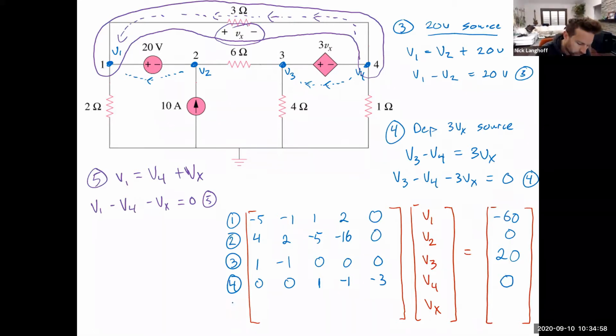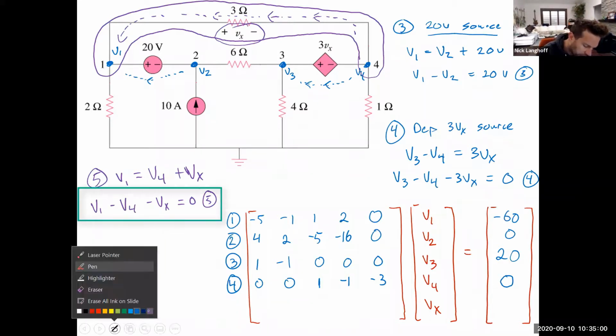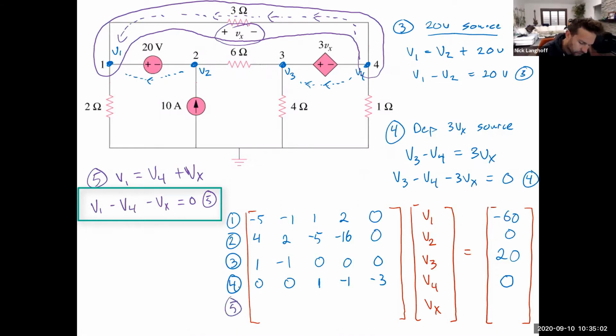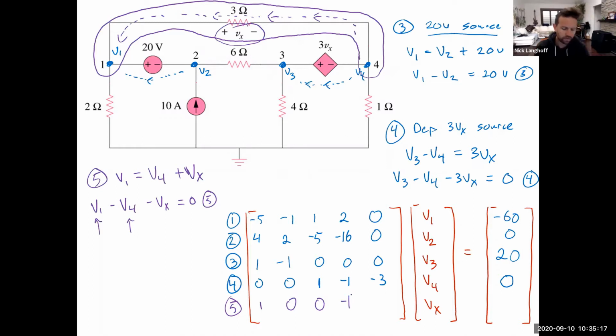And finally, we'll put in equation 5, and we'll pop this one in purple just to color code it. We have a 1V1 right there, nothing on V2, nothing on V3, a minus 1V4, and a minus 1Vx, all equal to 0.